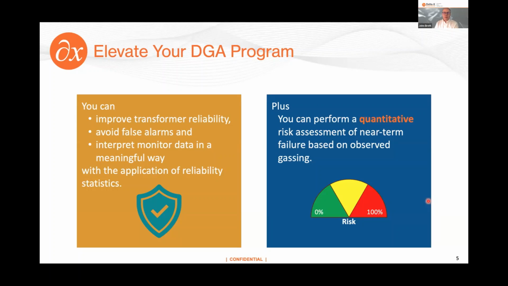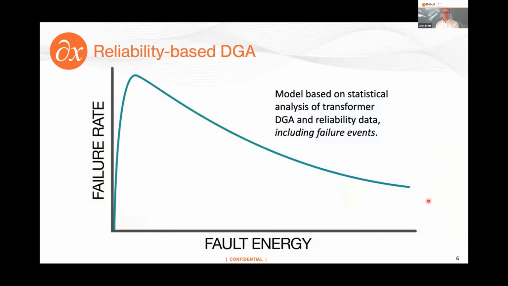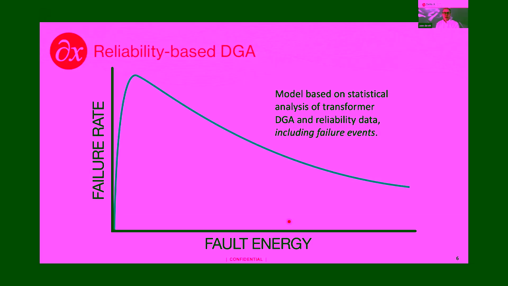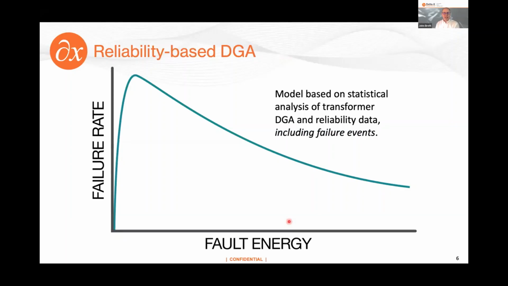With a little bit of digging into a lot of data, and we were very fortunate to have some of our customers give us their failure data, we were able to create a failure model that looks something like this. Now you'll notice that the x-axis is not a function of time. It is a function of the fault energy, sometimes referred to as the normalized energy intensity, NEI.